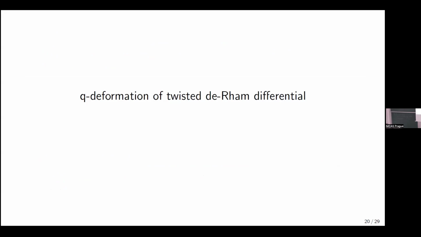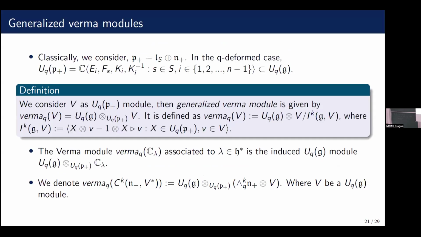Okay, then the q-deformation of the twisted de Rham differential. Here, as I mentioned in the pre-seminar, this would be my setting. Classically, what we have is p plus, the direct sum of this Levi and the positive nilradical.